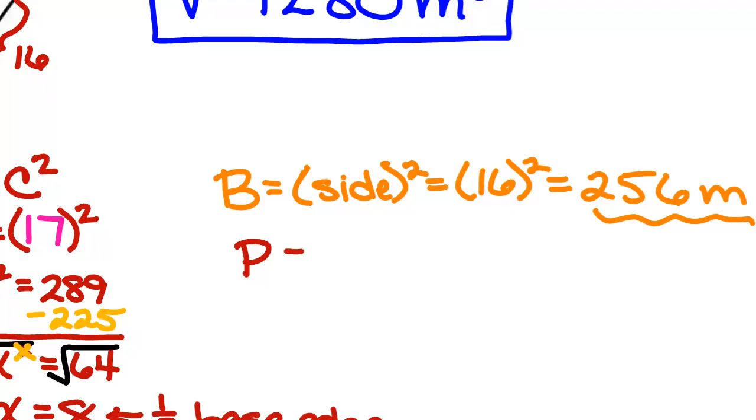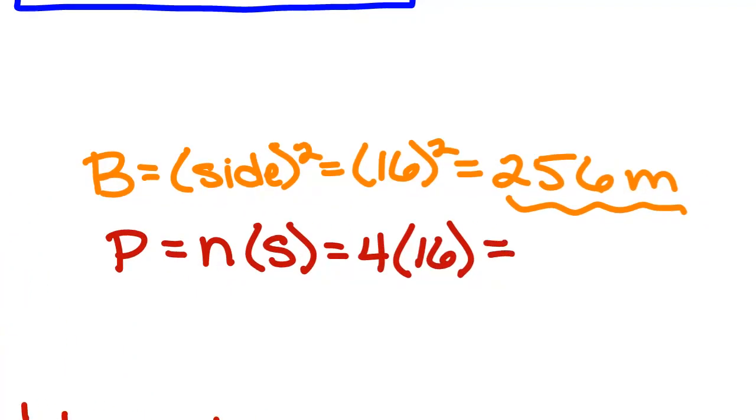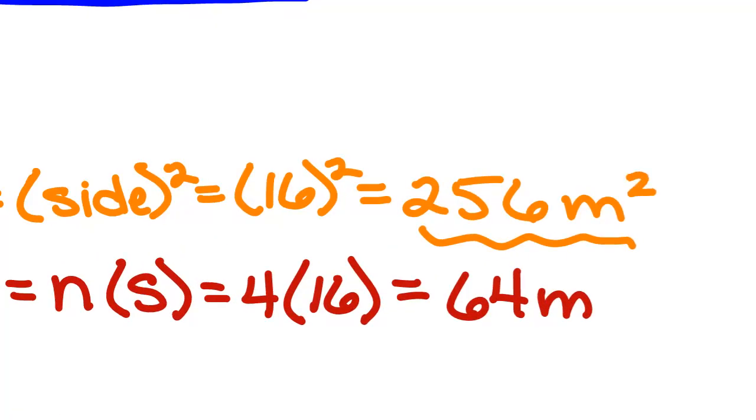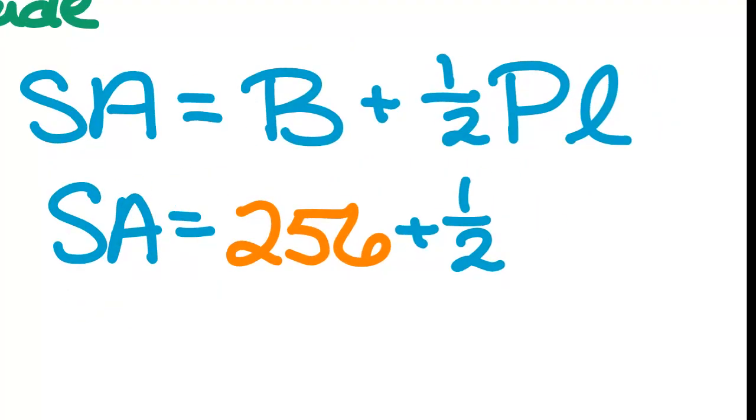The perimeter of the base is a square, so it's number of sides times the length of each side. How many sides do we have on our base? 4. How big is each side? 16. What is 4 times 16? 64. So that would be 64 meters for our perimeter. So that's what we're going to put in for P.